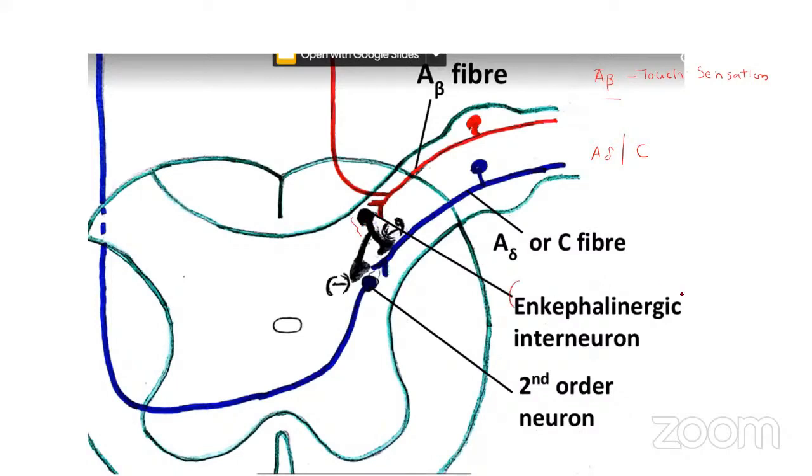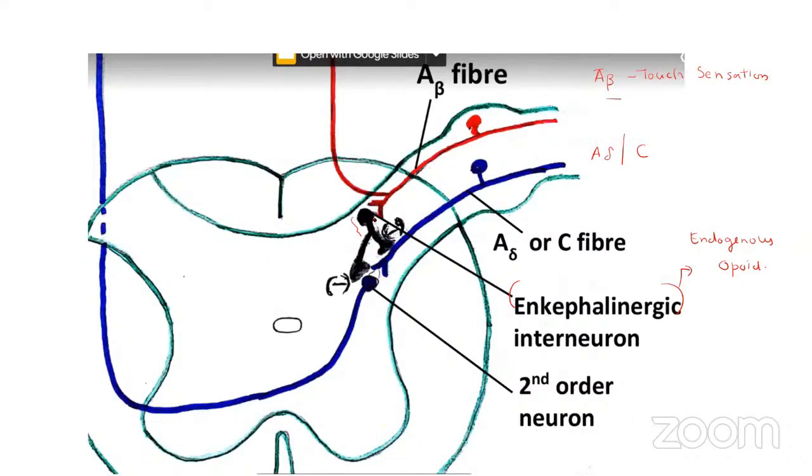Enkephalin means it is the endogenous opioid. We know that opioids are important in pain relief. So it is an endogenous opioid, enkephalin. This encephalinergic neuron secretes enkephalin, which is going to inhibit this A delta fibers presynaptically, as well as the second order neuron is also inhibited.